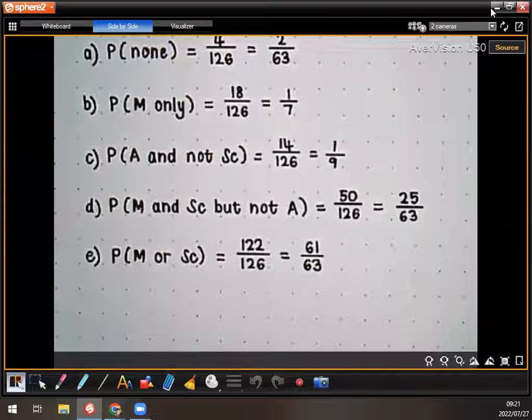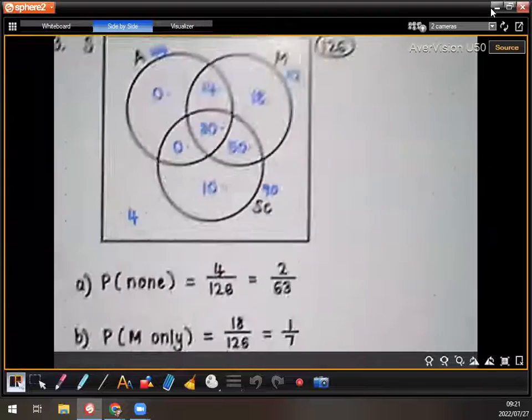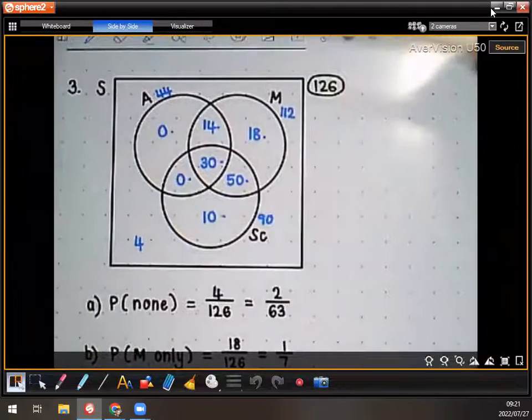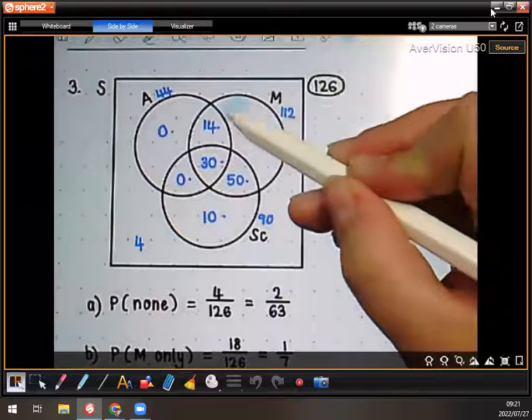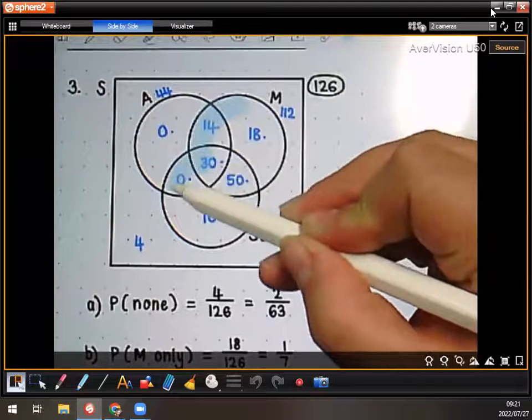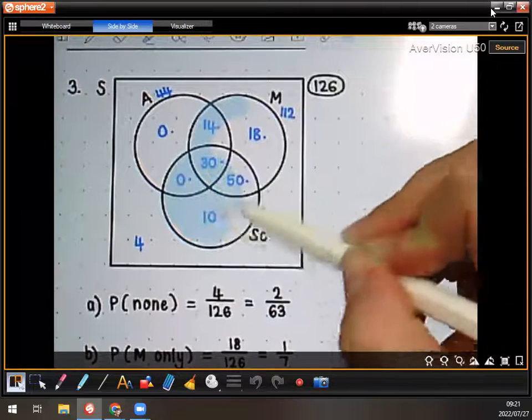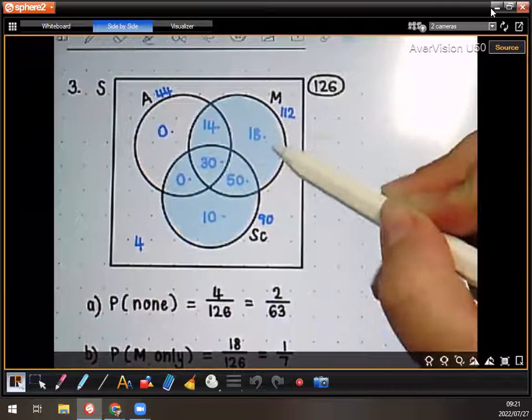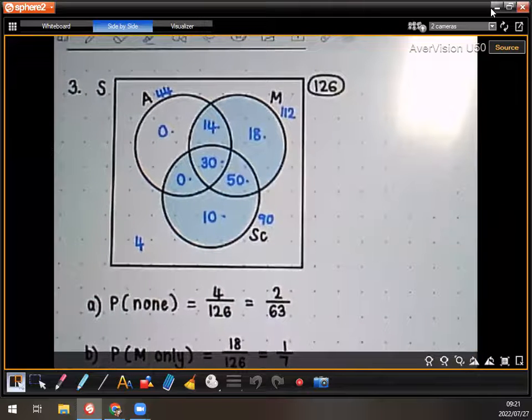And then maths or science. Now guys, we haven't really done many or questions. So let's just quickly look back here. Maths or science is all of this. All of these people do maths or science. It's not saying maths and science, it's saying maths or science.